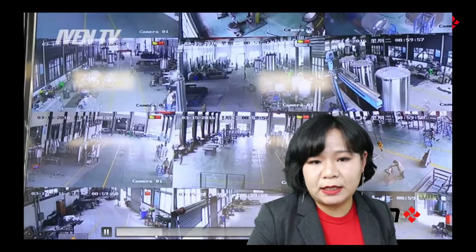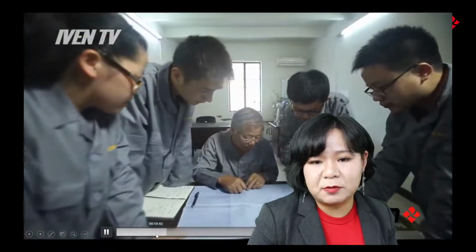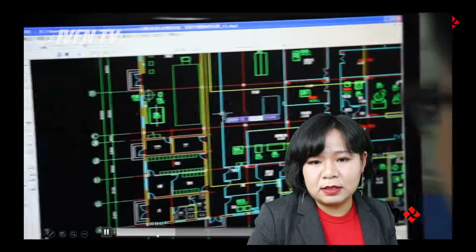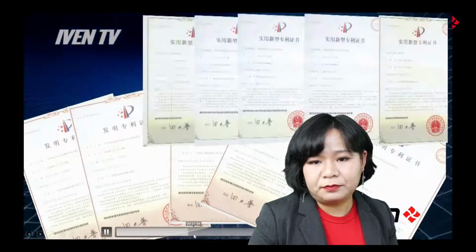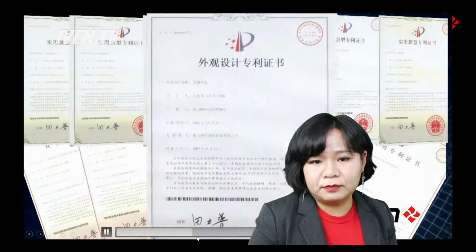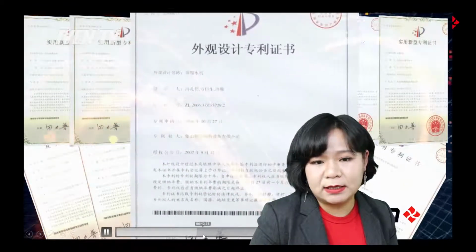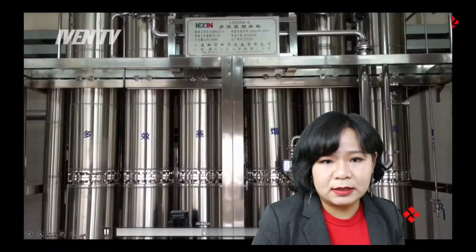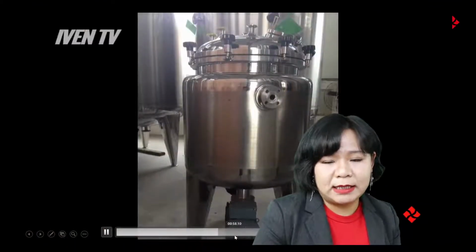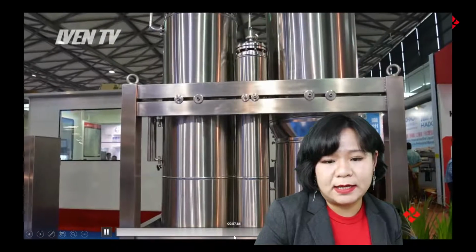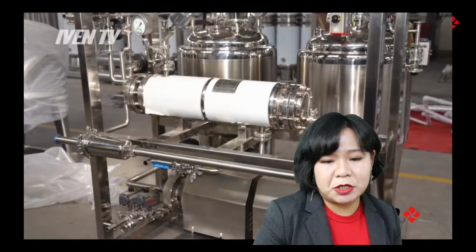It's welding and production management. Also the workshop layout design. These are patent certificates. This is ready for shipping the tanks and PSG generator.